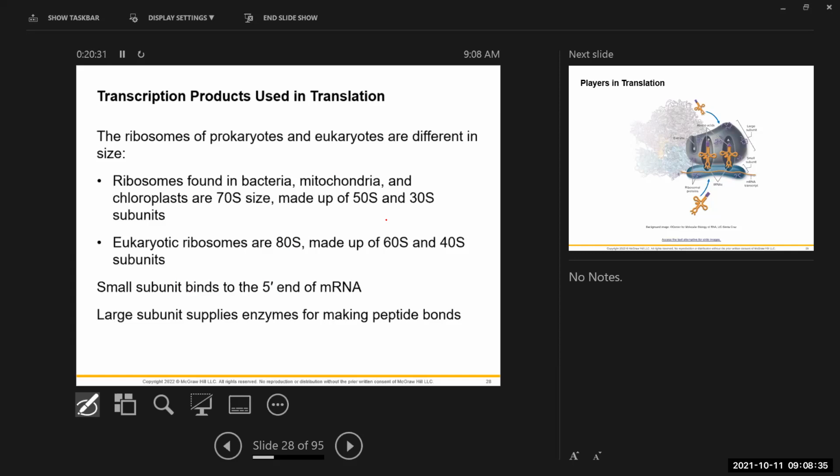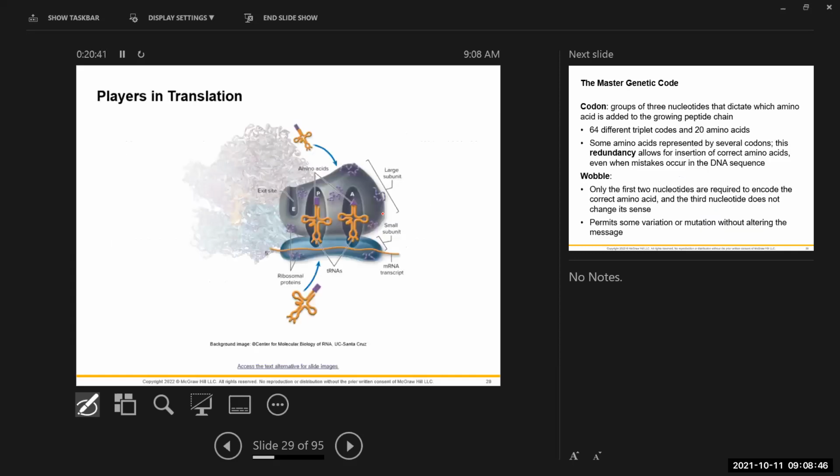So the small subunit initially binds to the messenger RNA first. It binds to the 5' end. Translation always begins with the codon AUG. Always. AUG codes for the amino acid methionine.